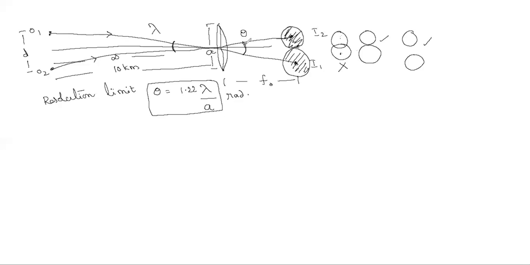So theta equals D by U, and theta equals 1.22 lambda by A, so 1.22 lambda by A equals D by U.